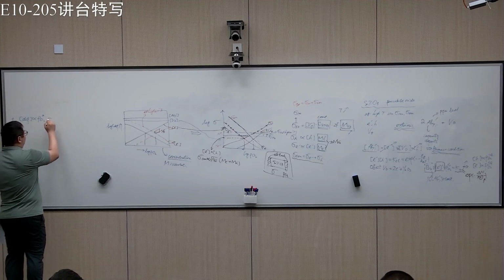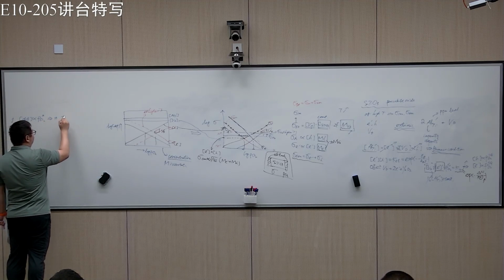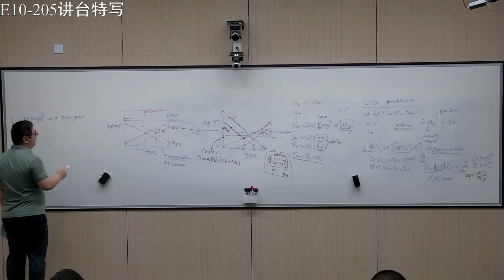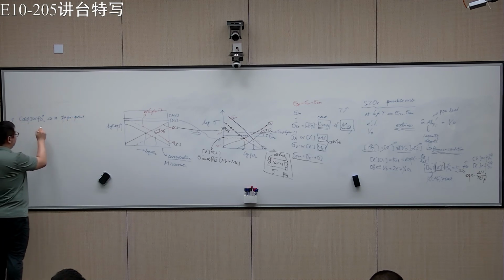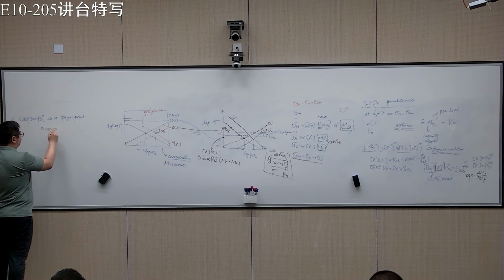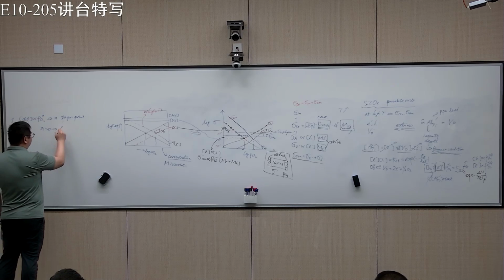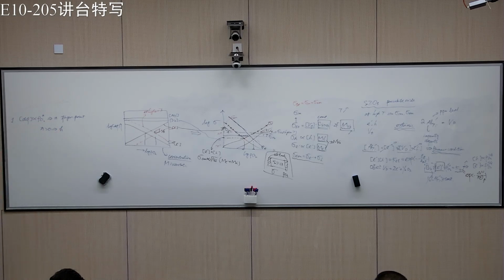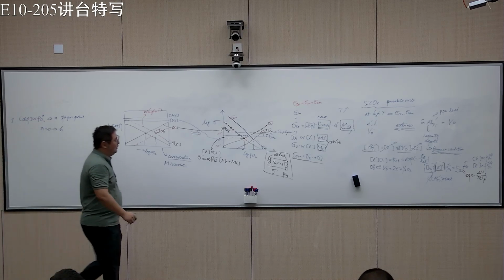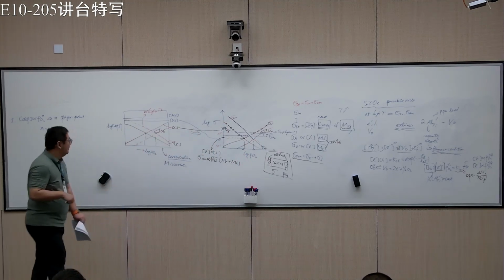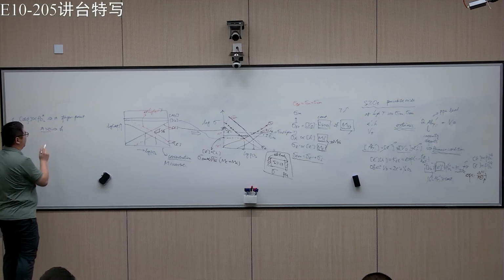Then the n is like a fingerprint. If n is positive, that usually means you have holes, for example, the p-type conductivity.